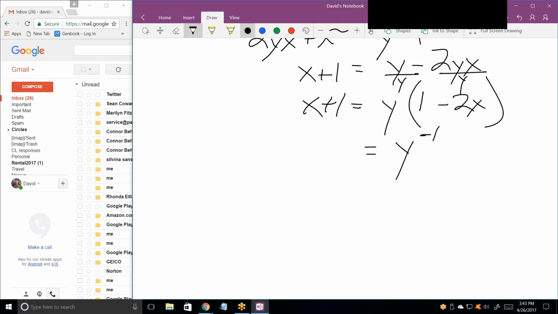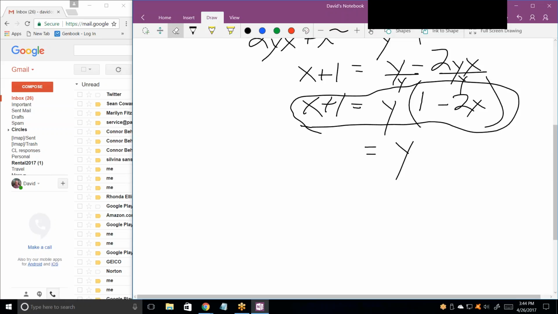So would it be y equals 1 minus 2x over x plus 1? Not quite, you got it backwards. We're solving that equation for y. Would you divide both sides by x plus 1? No. Divide both sides by 1 minus 2x.